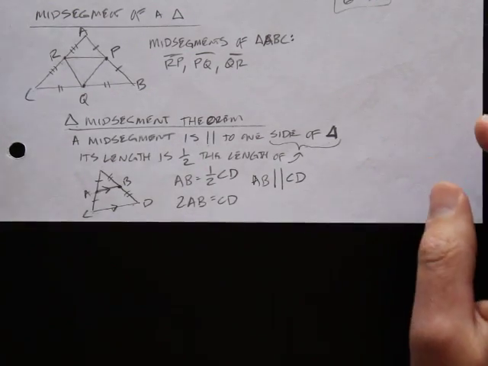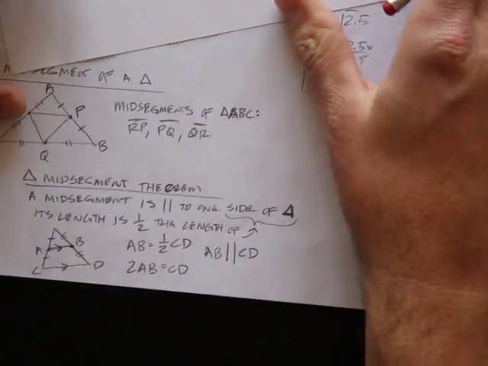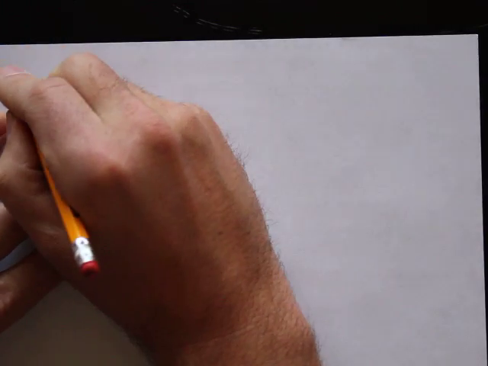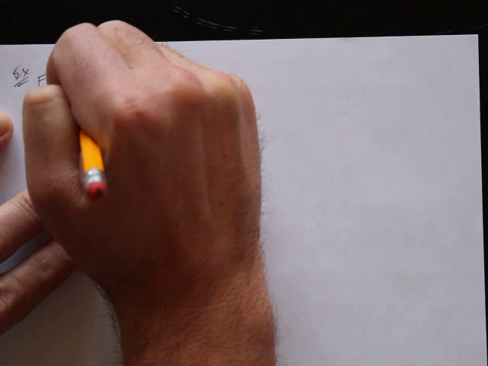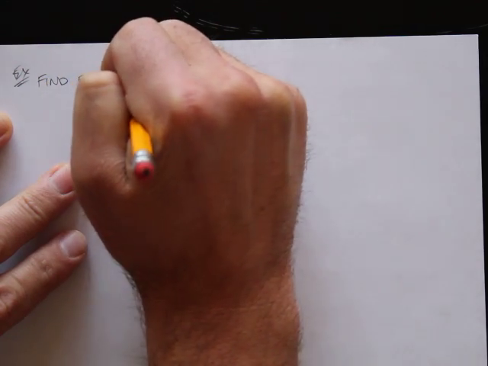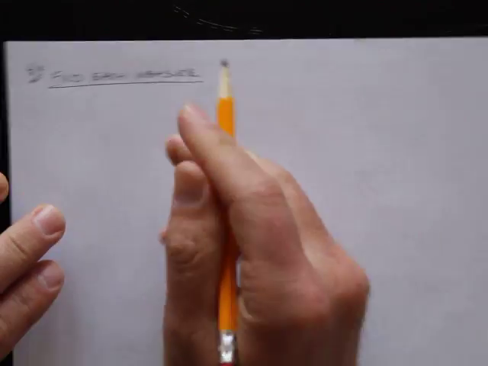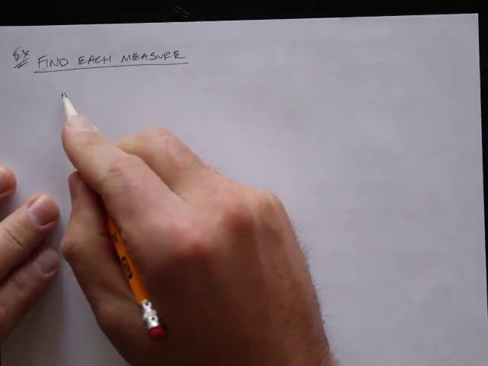All right, let's see if we can do some examples based on our new knowledge of mid-segments. Find each measure. So let's draw a triangle.